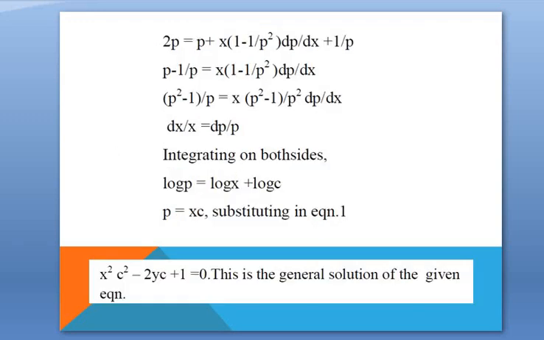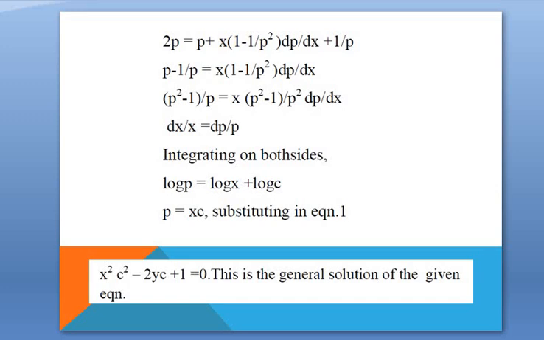That implies 2p is equal to p plus x into (1 minus 1/p squared) dp/dx plus 1/p. Now by taking the p terms to one side and the dp/dx term to the other side, we get (p squared minus 1)/p is equal to x into (p squared minus 1)/p squared into dp/dx. Then cancel this p squared minus 1 on both sides.